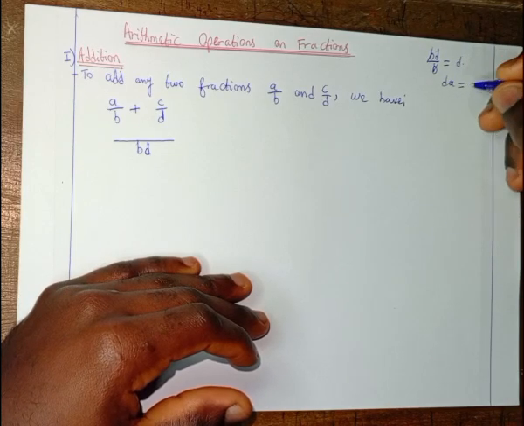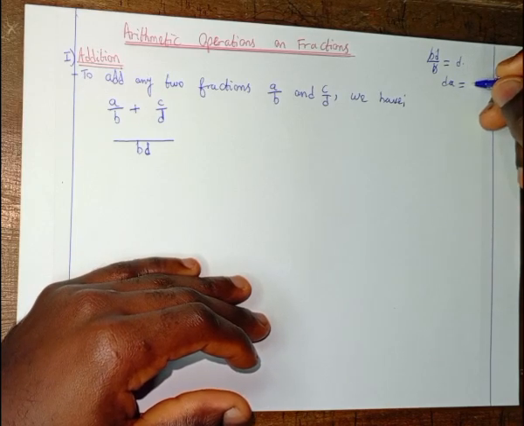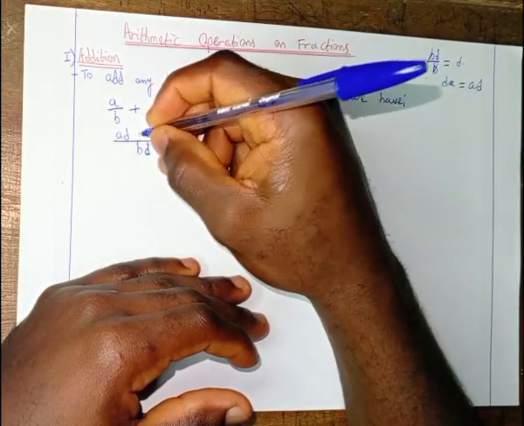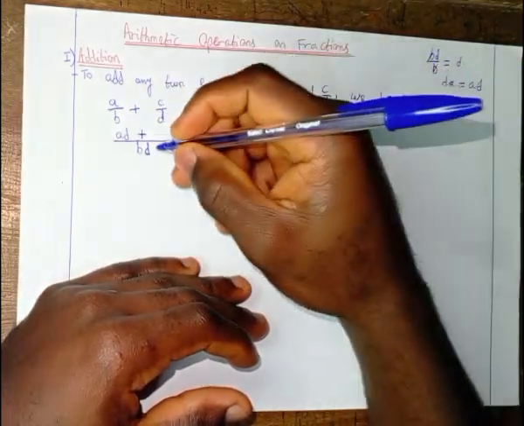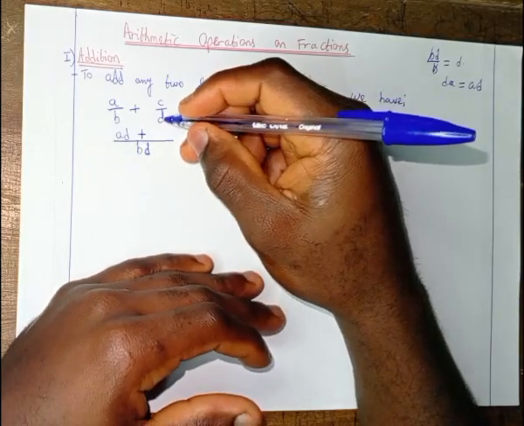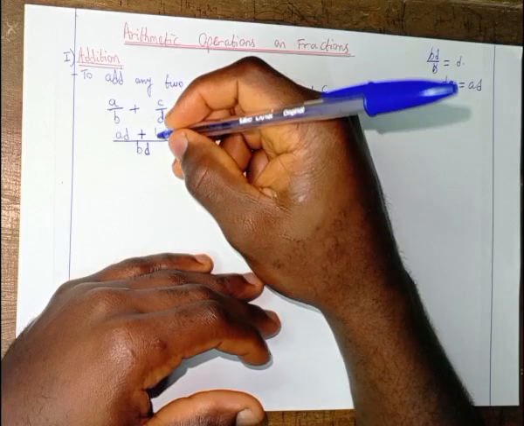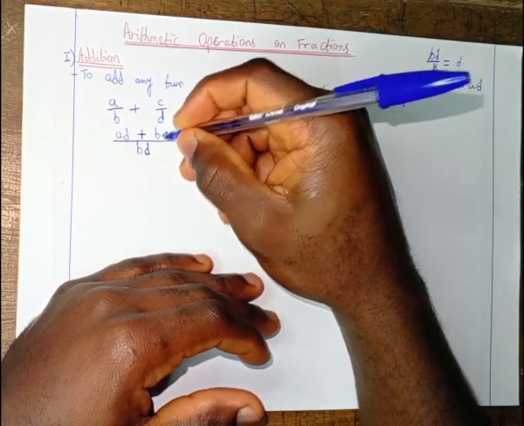We know the letter a comes before the letter b, so this will be the same as ab. We bring down the operation sign, which is addition, plus bd divided by d gives us b. b times c gives us bc.